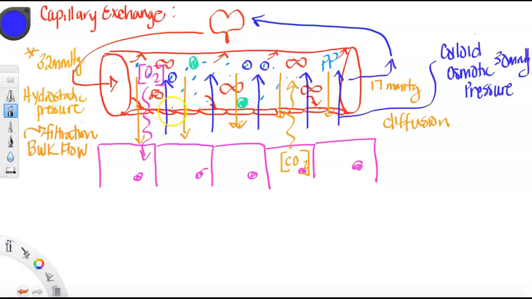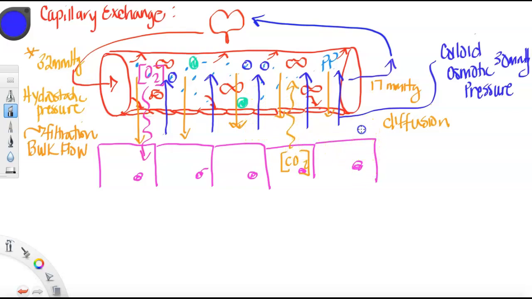Does osmotic pressure change going down the capillary? Well, no, it doesn't, because osmotic pressure comes from the fact that there are plasma proteins in here. There's not really more plasma proteins over here than there are over here. It's pretty much the same flowing through. So that pressure stays the same, and it brings fluid back into the vessel. It attracts it back in there.